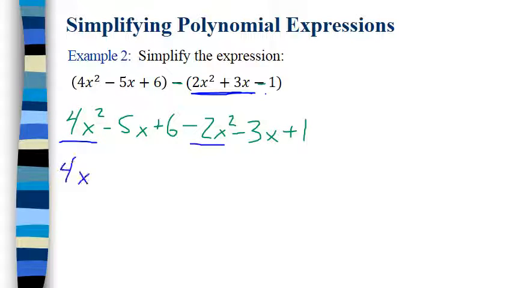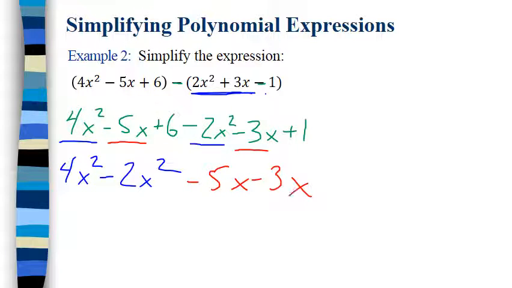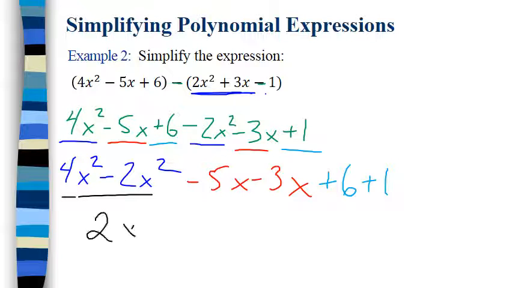So 4x squared minus 2x squared, and the x terms, we have a negative 5x and a negative 3x, so we can say minus 5x minus 3x, and then we have a 6 and a 1, so plus 6 plus 1, and combining like terms, this is 2x squared minus 8x plus 7.